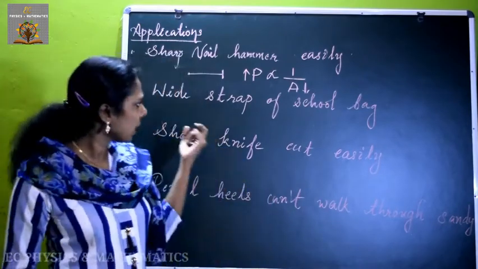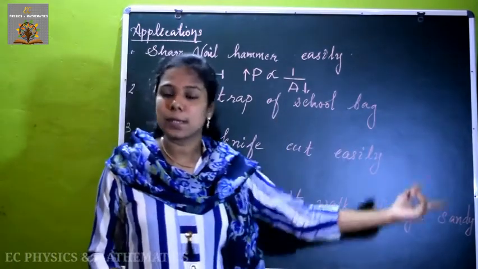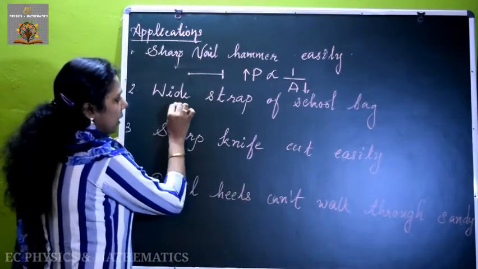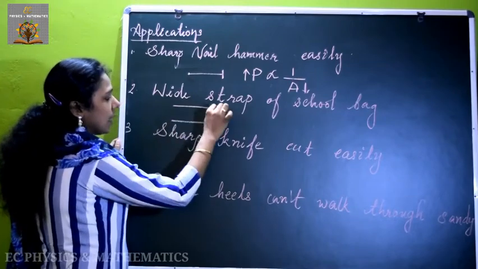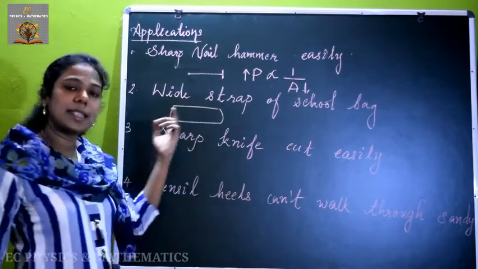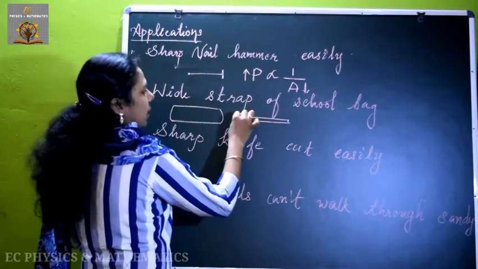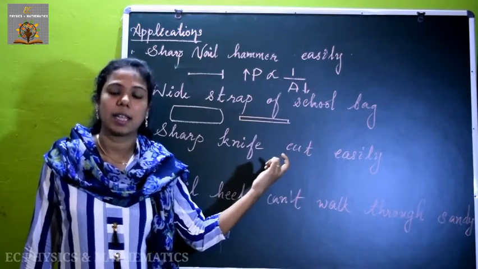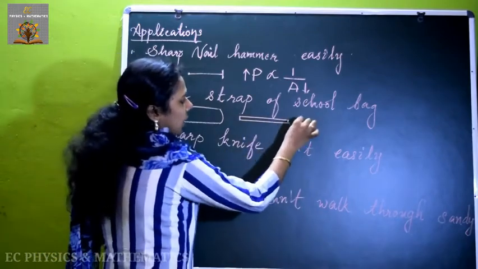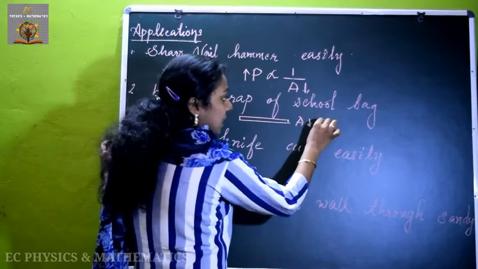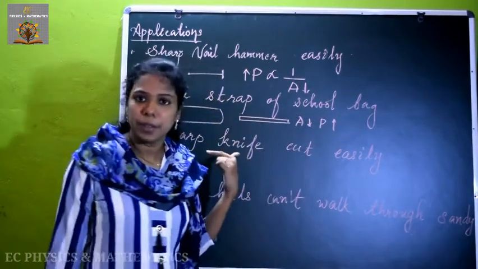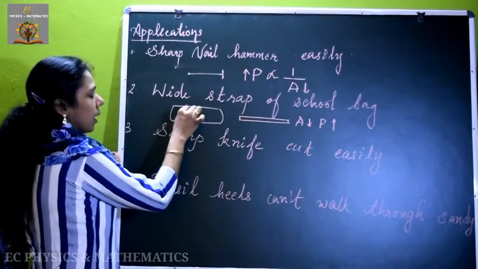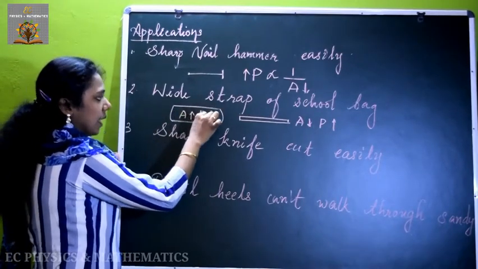Understand? Second one, why the strap of a school bag is wide? We know that the area of the strap of the school bag is high. Why is this area high? If the strap area is narrow, what will happen? If area is less, pressure increases, so much pressure we feel. So when the area is high, pressure will decrease.